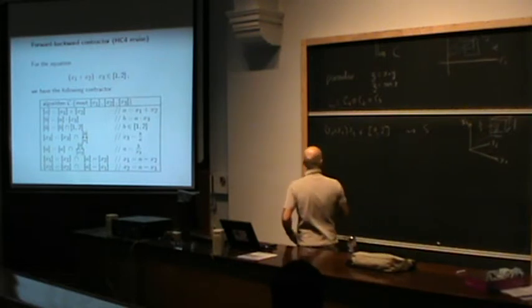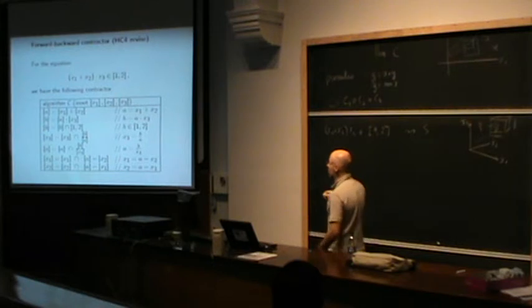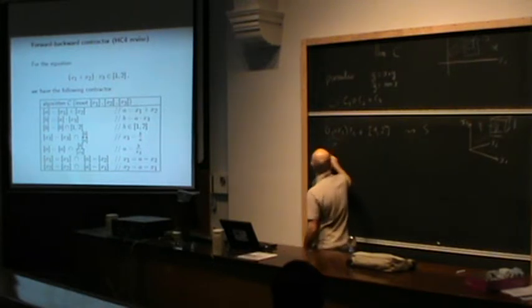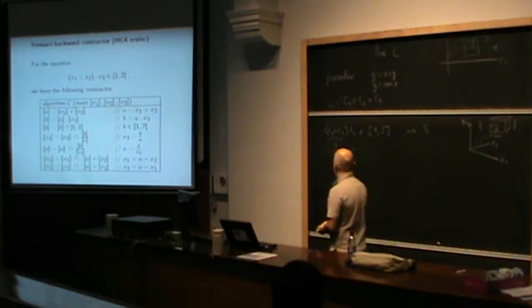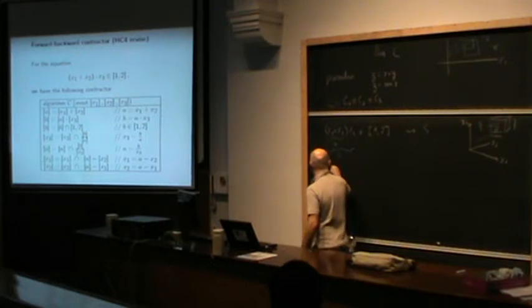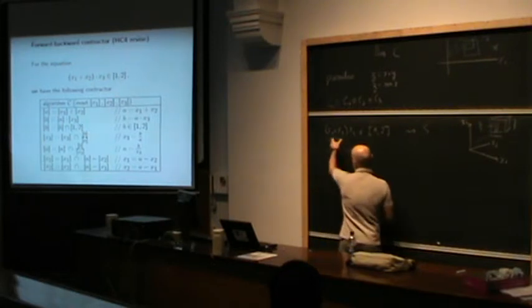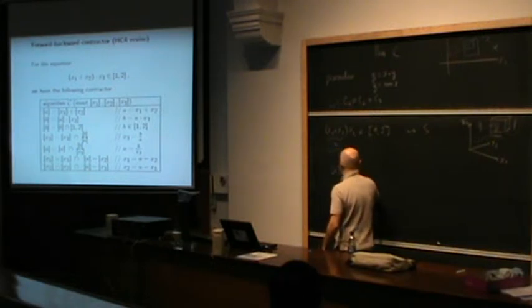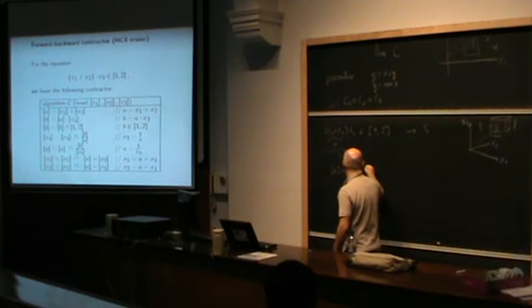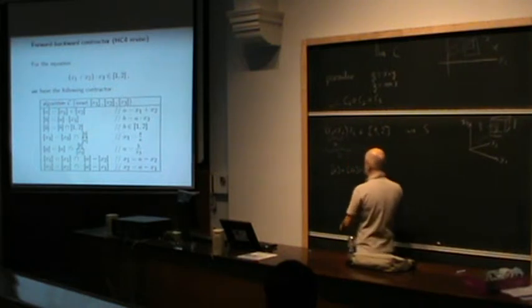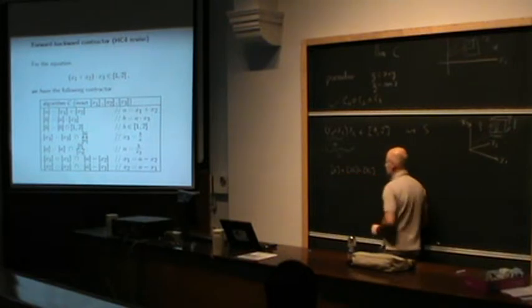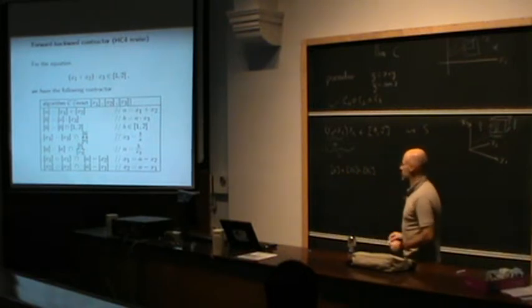First, I will build intermediate variables. This one is A, this one is B. I don't know the domain for A at first, but I can write that A is equal to x2 times x3, so this variable belongs to the product of these two domains.